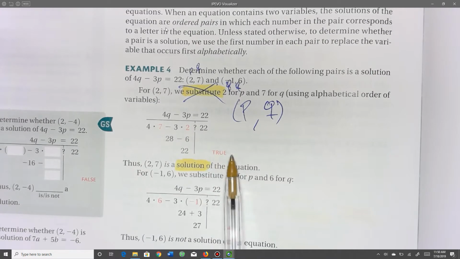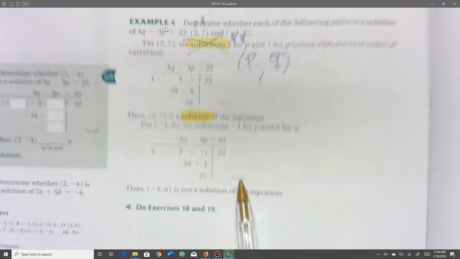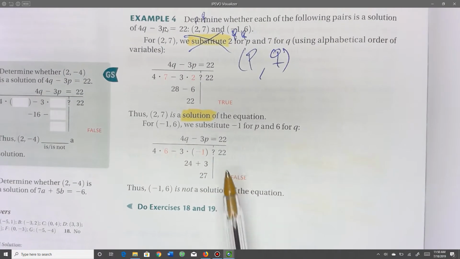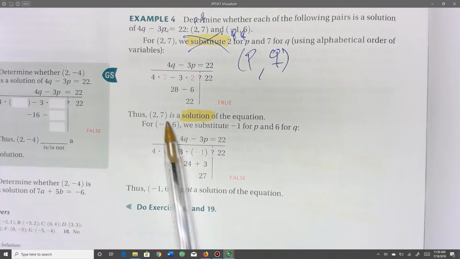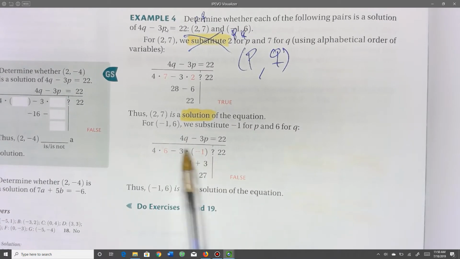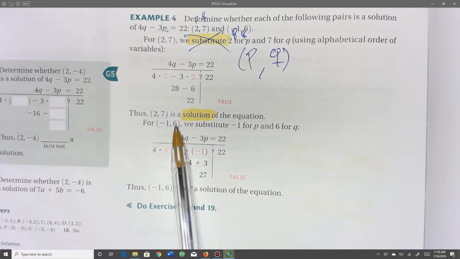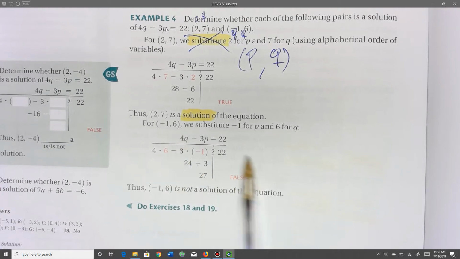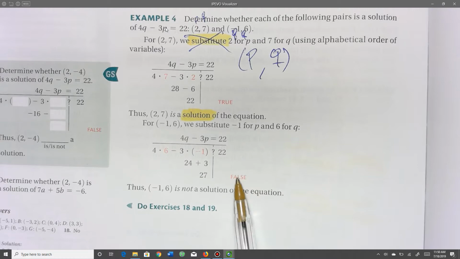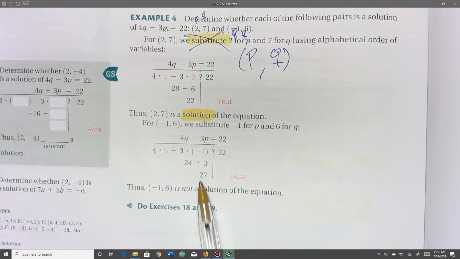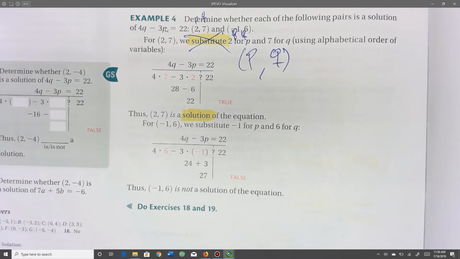If it doesn't make the equation true, if it's false, then this is not a solution. Okay, in this case, this ordered pair is not a solution. 8, 1/6 is not a solution of this equation because it makes the equation false. See? All right.